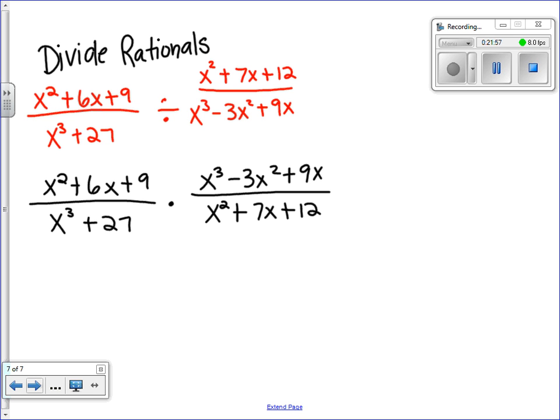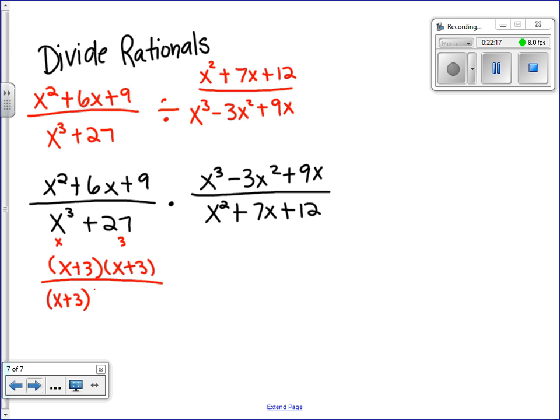Right here, does anybody recognize what this is? It's a perfect square trinomial. Yeah, this is going to factor to x plus 3 times x plus 3. You may recognize what this is. Sum of two cubes, where a is x and b is 3.